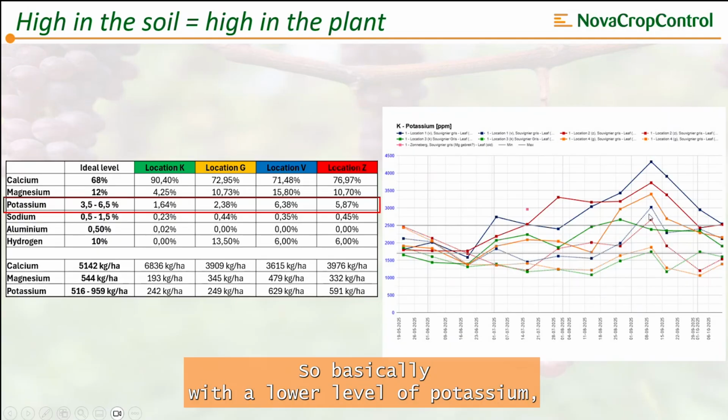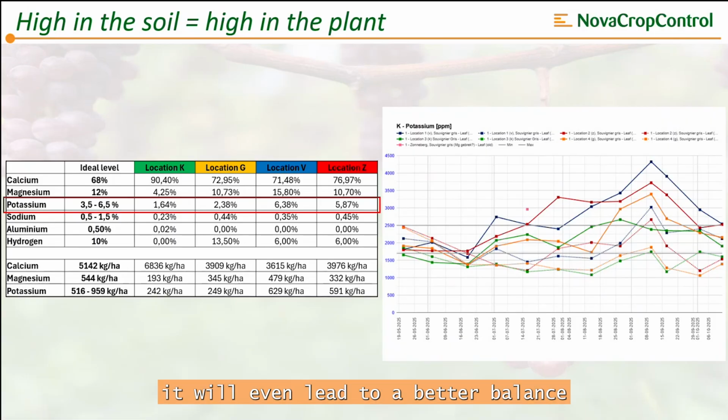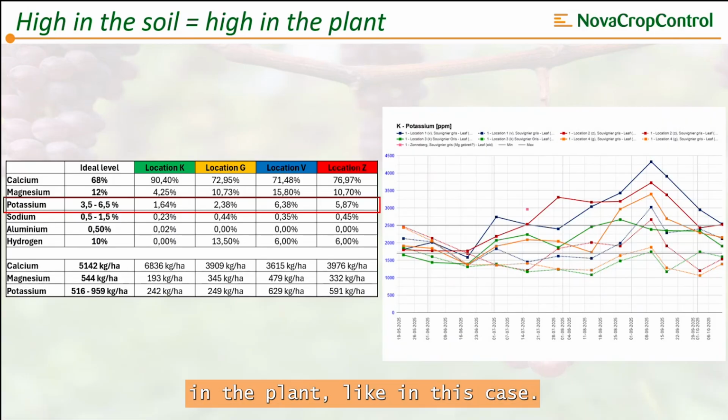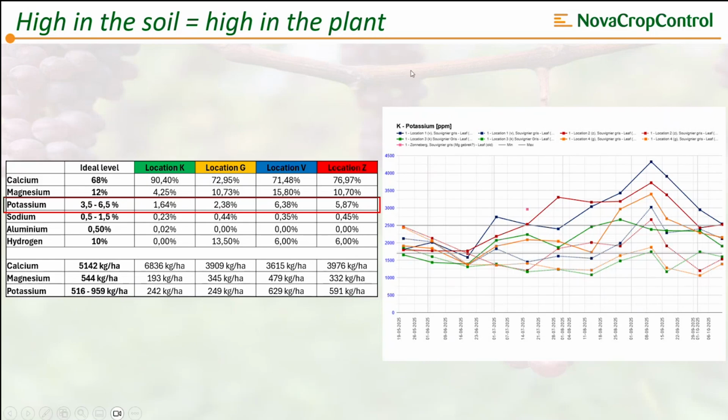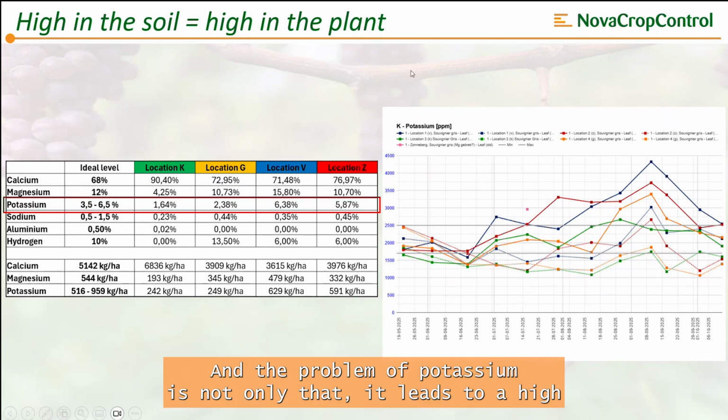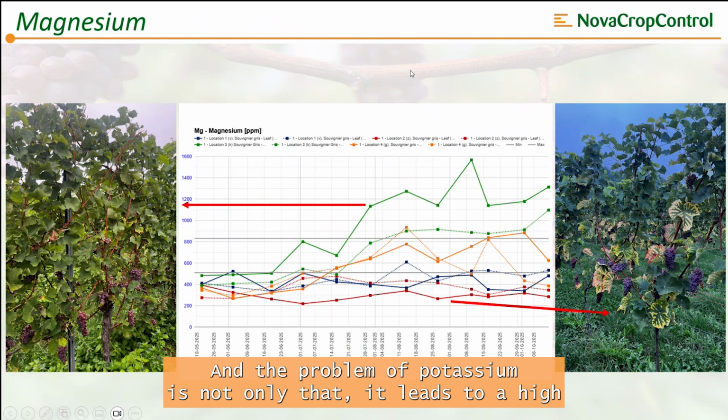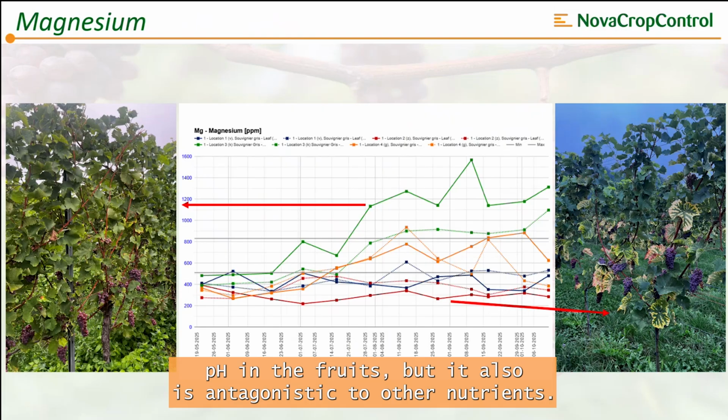So basically, a lower level of potassium will even lead to a better balance in the plant, like in this case. And the problem of potassium is not only that it leads to a higher pH in the fruits, but it is also antagonistic to other nutrients.